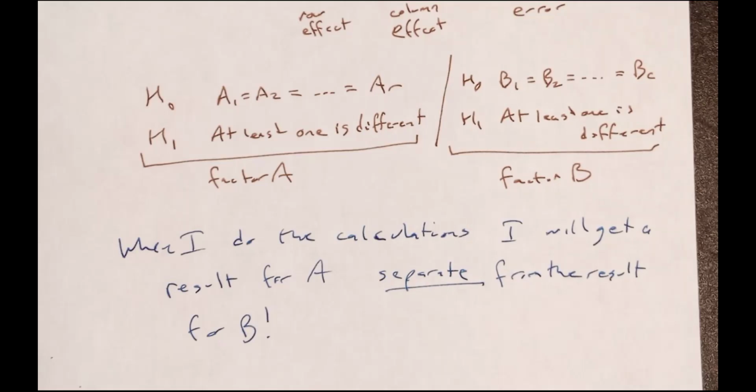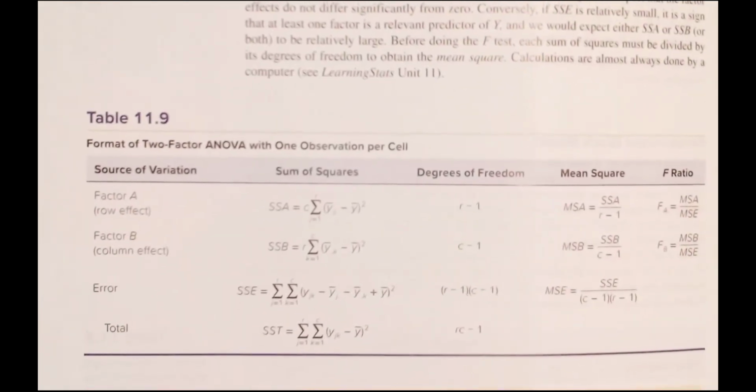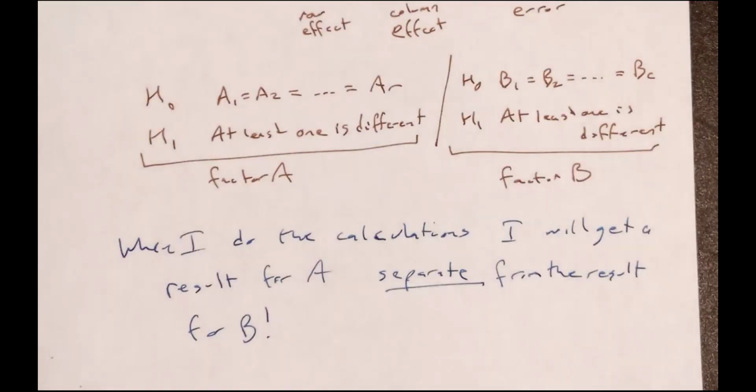Again, doing the calculations themselves is tedious and nauseating. Just like with the calculations I was looking at for the single factor ANOVA, I have to take all sorts of squares and differences from my means and end up, no, not going to do it. Page 430, I'm not going to bother.